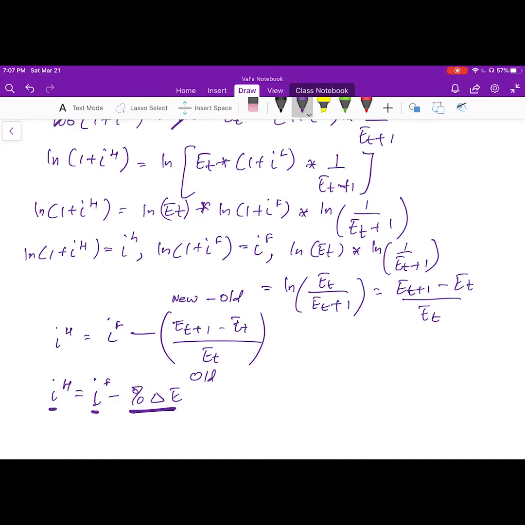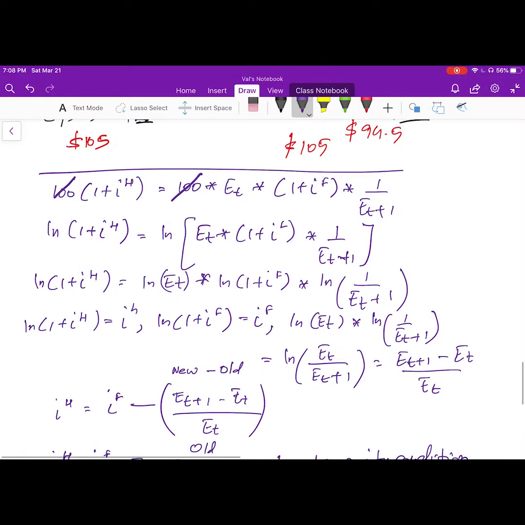Okay, so we just proved the interest rate parity condition with a proof.